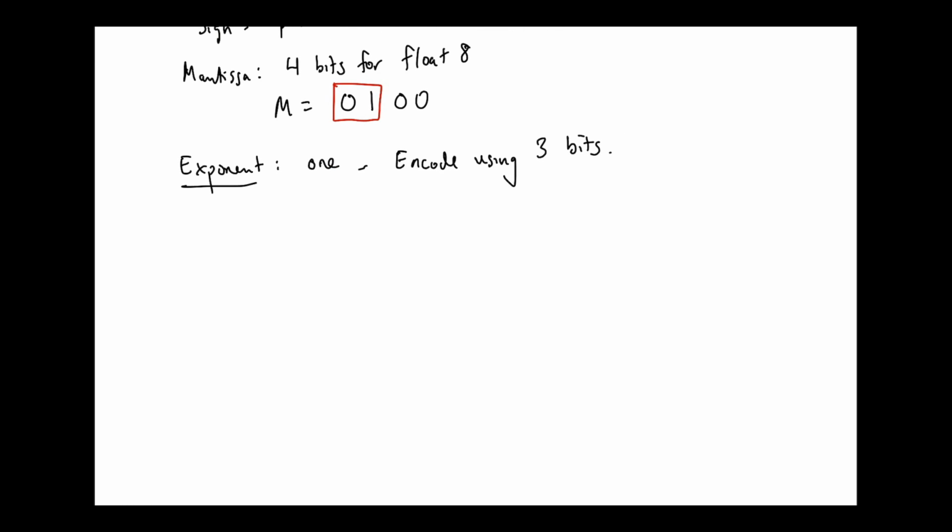Now, if I write the number 1, step 1, the exponent that we had was the number 1. No matter what exponent I get, I'm going to do what's called biasing it, and I'm going to subtract 3 from it.